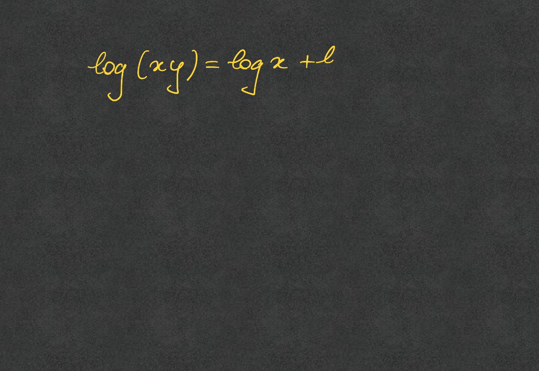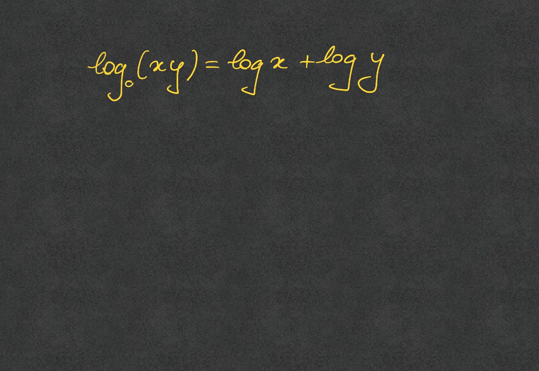We are going to have 3 properties that I'm going to prove in a moment. So here they are. Log of x times y is log x plus log y. And when I don't choose a base, it means that it's any base for this formula.